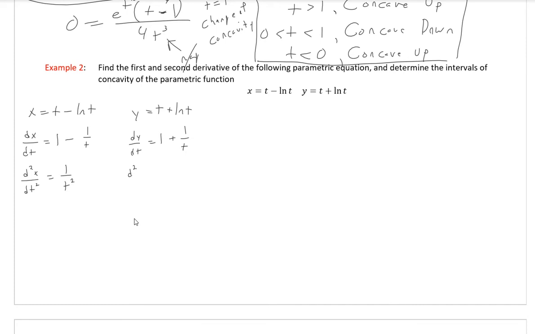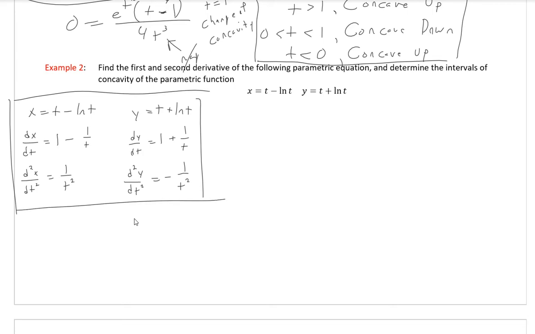And then the second derivative of y with respect to t, that'll give me negative 1 over t squared. That's going to be my toolbox, and I should be able to use those to find both the derivatives.